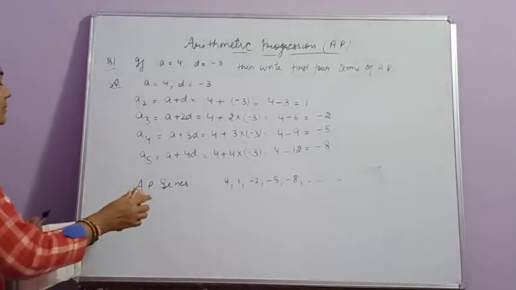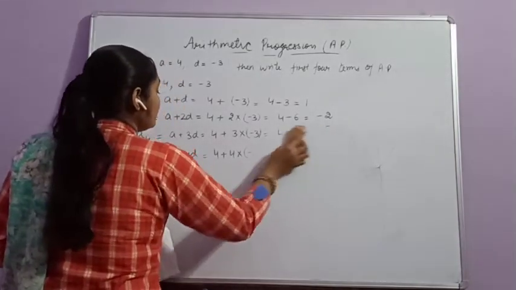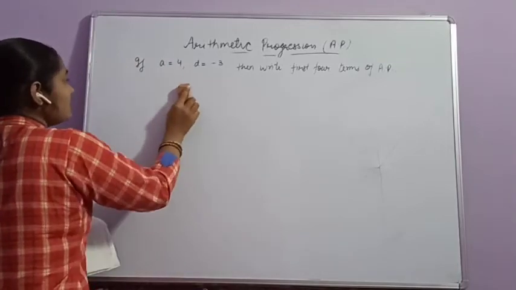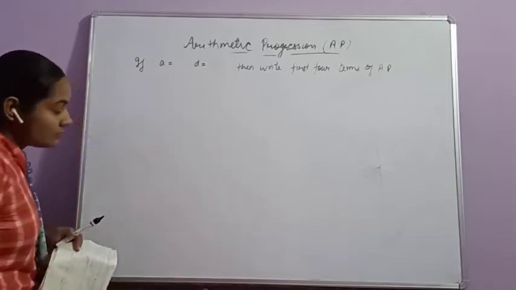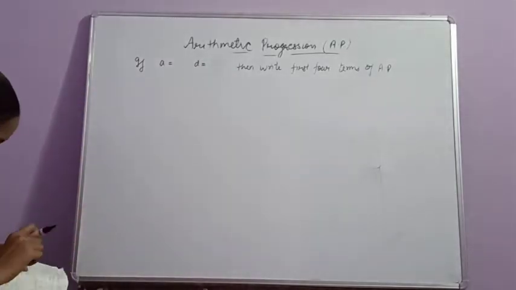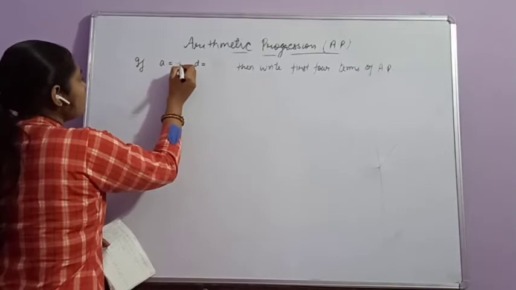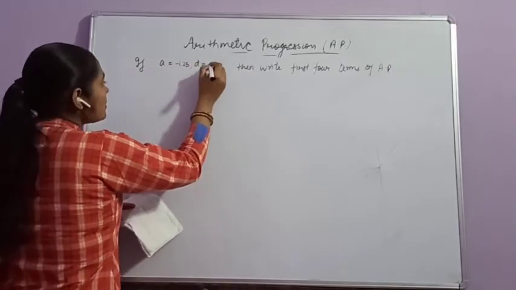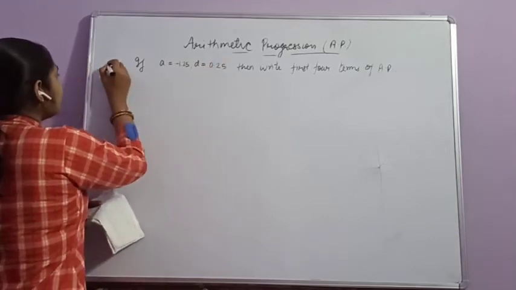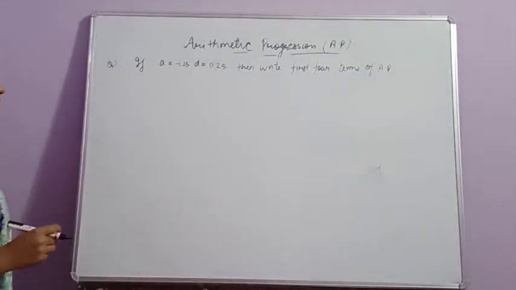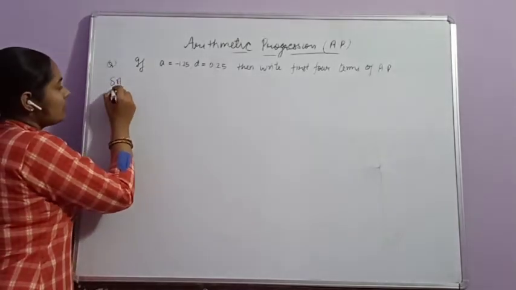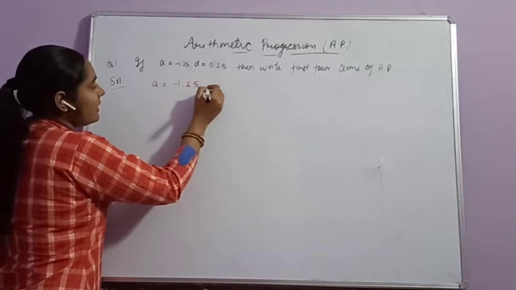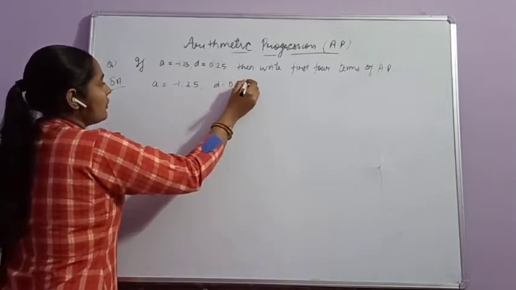Now the next example: if A is minus 1.25 and D is 0.25, then write the first four terms of the AP. A is minus 1.25 and D is equal to 0.25.